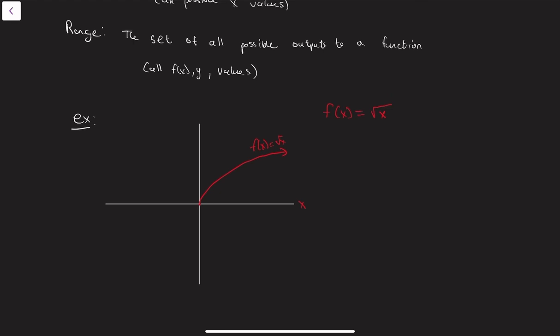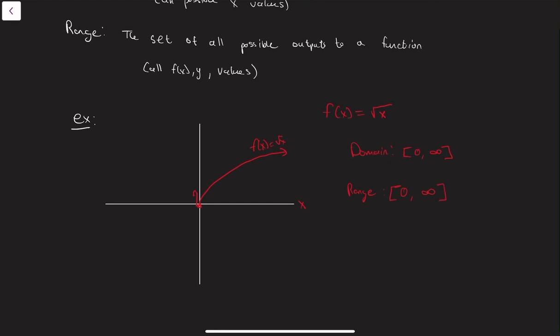That's just the property of square root. The square root is not able to take the square root of negative values. So we say that the domain is 0 to infinity. Now the range is all the possible output values. Well, we know that 0 is the minimum, and we only go upwards from there for the rest of the function. So we know that it as well goes from 0 to infinity.